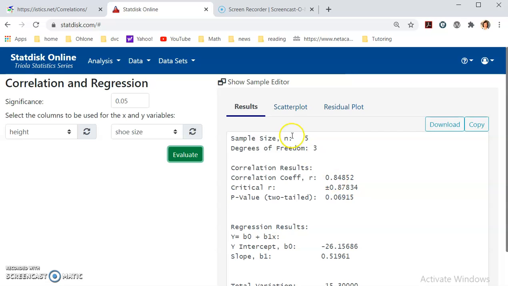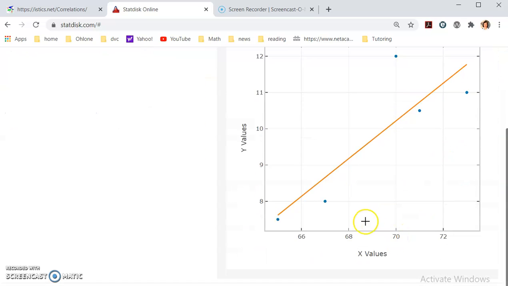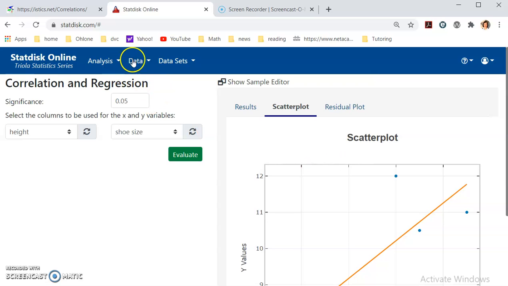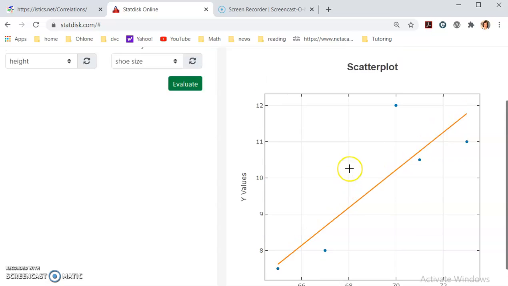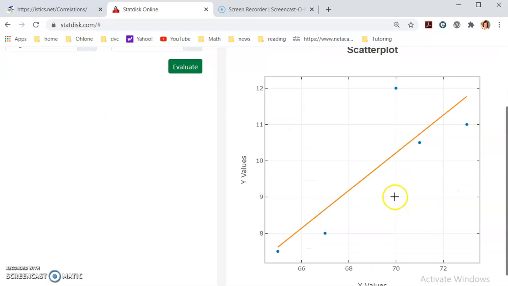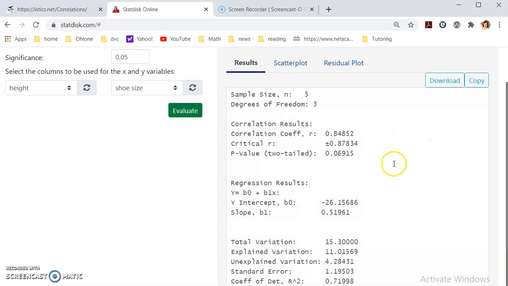That points to the fact that, okay, see, there is a scatter plot here actually. This scatter plot is not as good as the one that we have because it has the line. So if you are to graph a scatter plot, use the data scatter plot one. If you are to just look at how the graph looks, you can use that one.